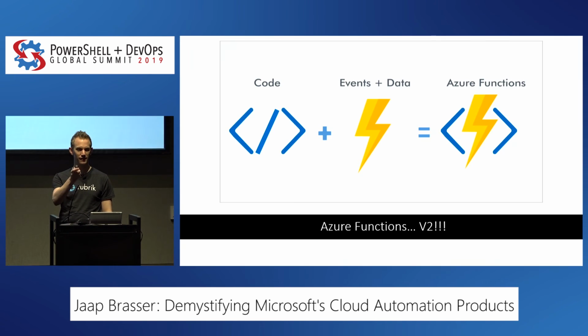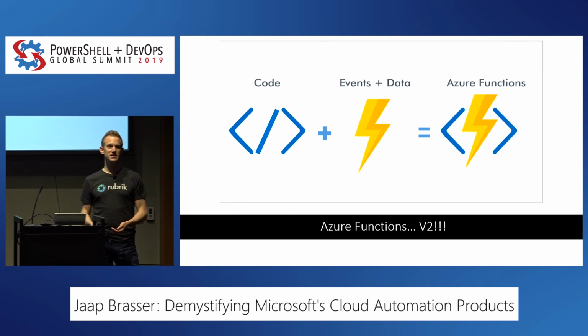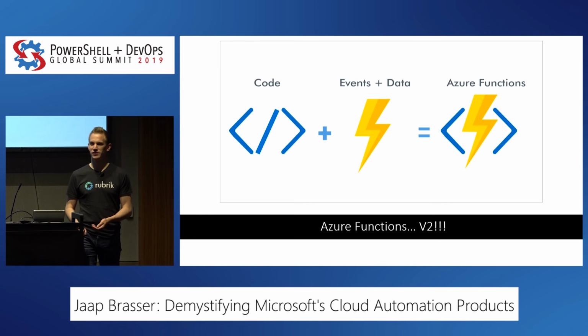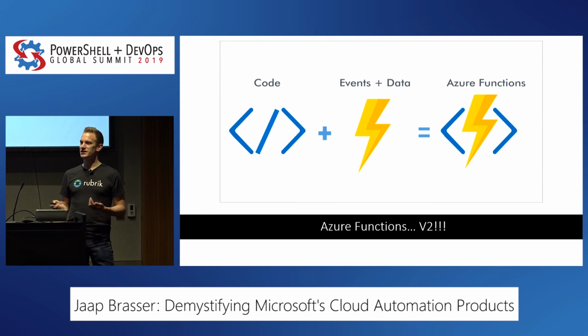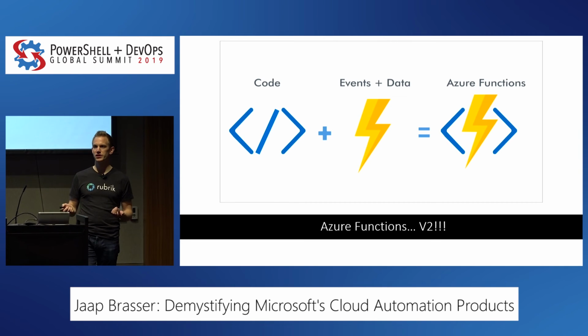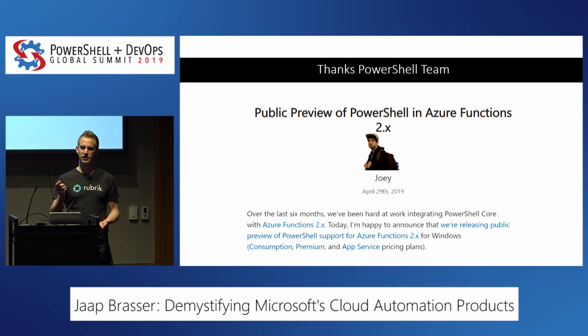So, Azure Functions. Yesterday there was a very nice blog post written by a very smart guy. And Azure Functions is now V2. It was already V2 for quite some time, but it's now V2 for PowerShell is now also supported as a language. So what does this mean?